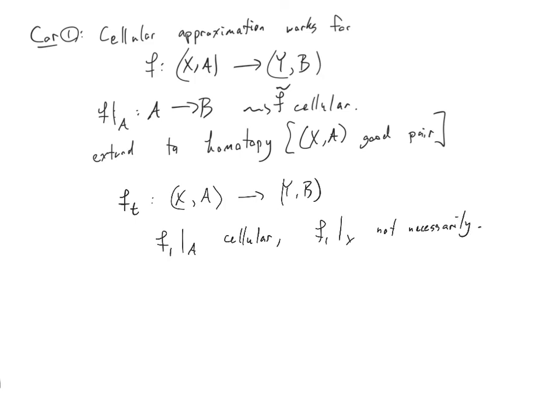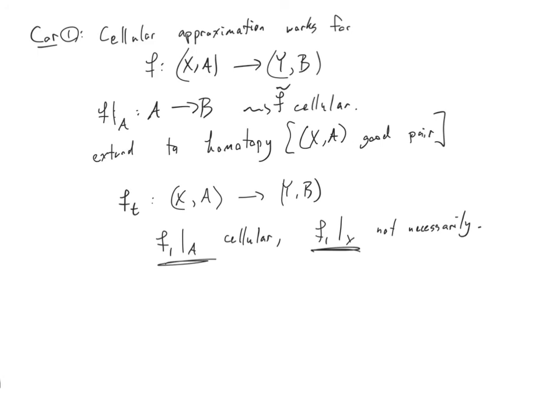Great, but now F1 restricted to X is cellular inside of A, and we said that, in fact, our proof gave a homotopy of this map to one that's cellular on all of X without changing what's happening on A.